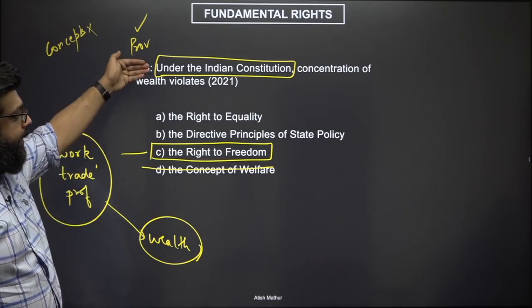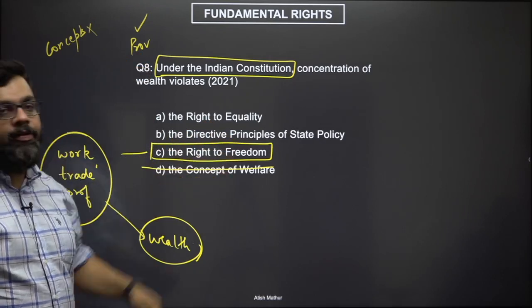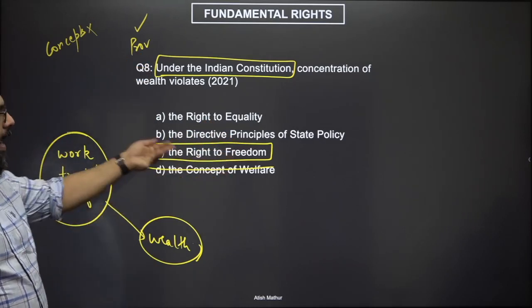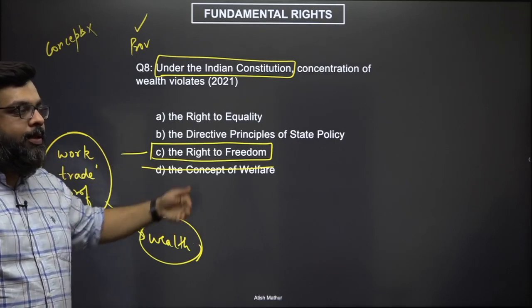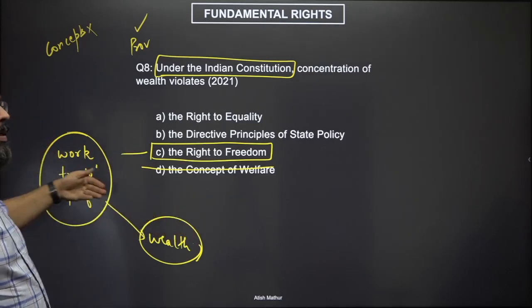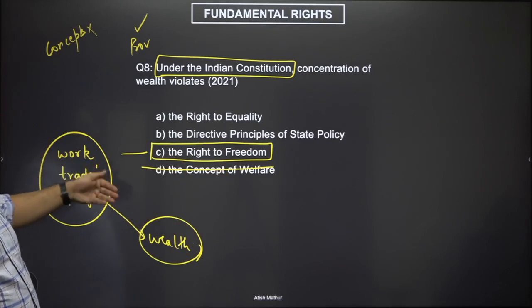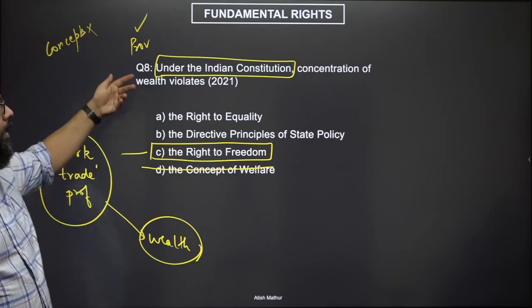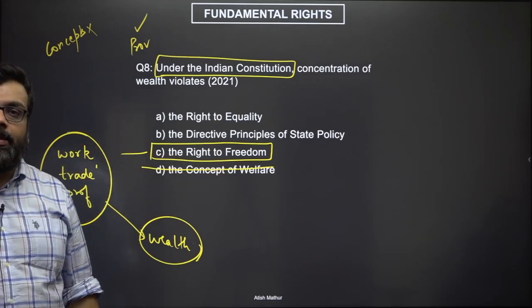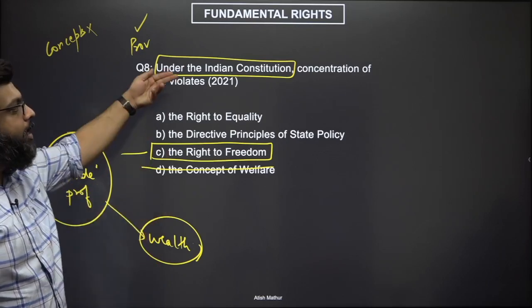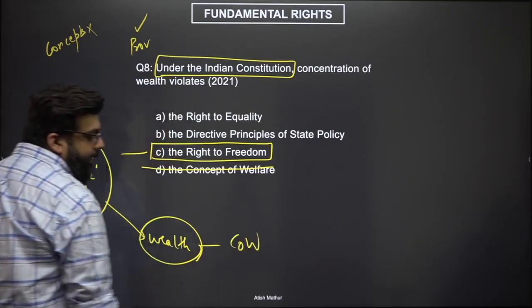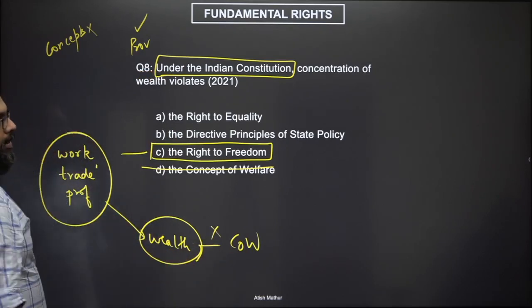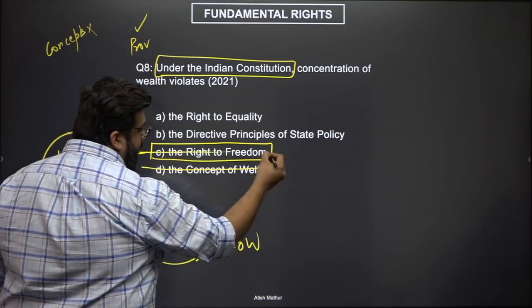Concentration of wealth is not contradictory to the right to freedom. If people have the freedom to work and therefore work with the objective of earning as many rewards as they can, this is a natural outcome. This will lead to concentration of wealth. It will not violate concentration of wealth. So this is also out.